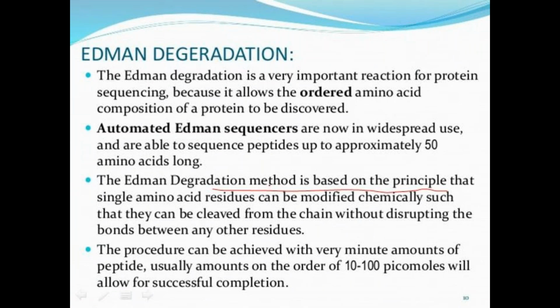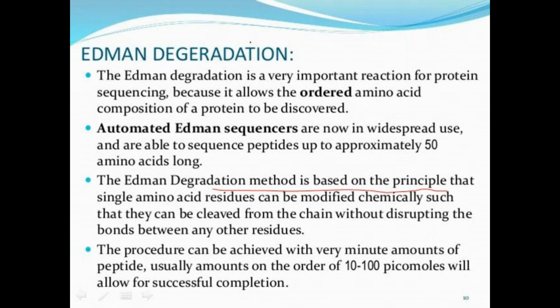By using single amino acids, he determined the structure of the polypeptide. That means they can be cleaved from the chain without disrupting the bonds between the other residues. That is the main principle involved.